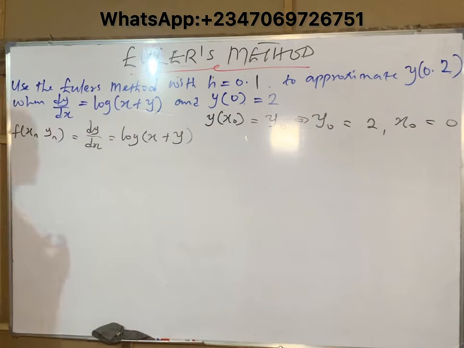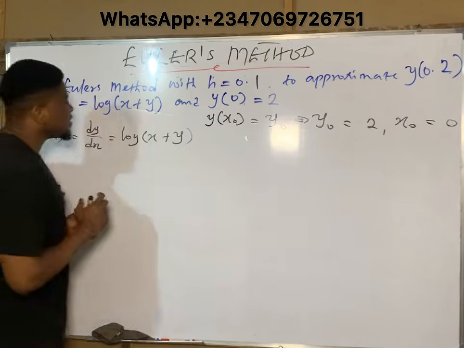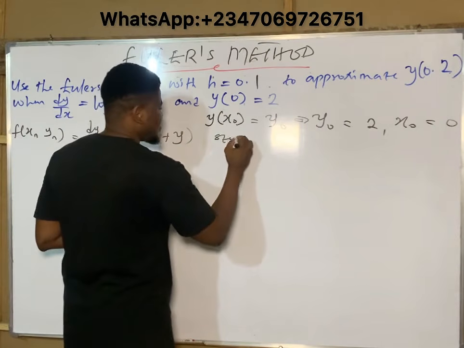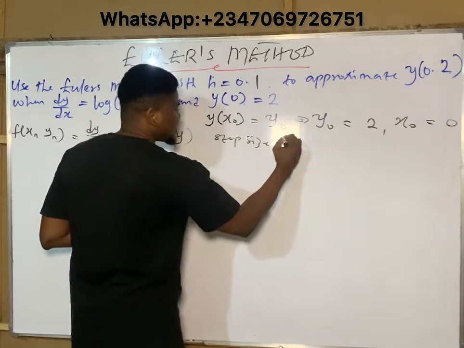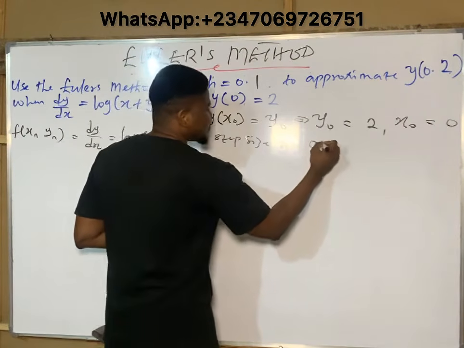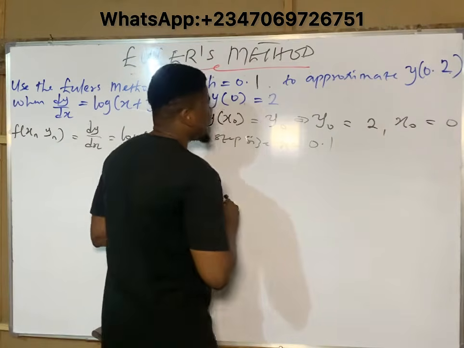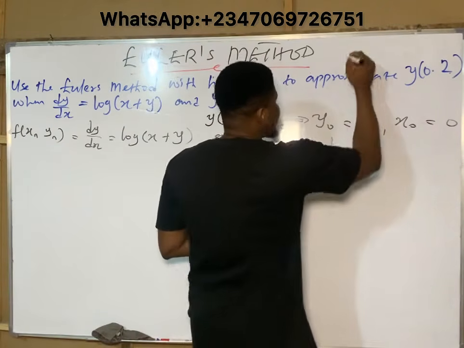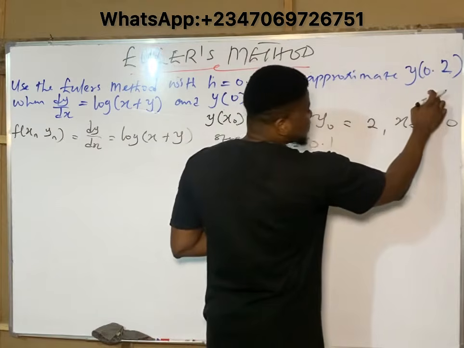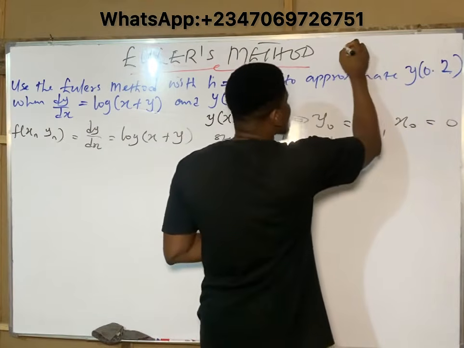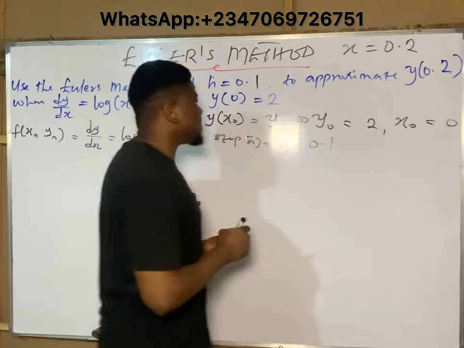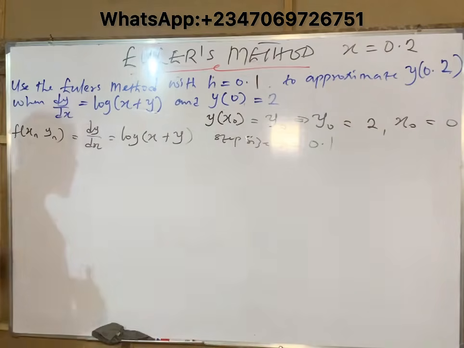In the question we were given the step size h, which is simply 0.1, and we were told to approximate y of 0.2. So this means find the approximate value of y when x is 0.2.